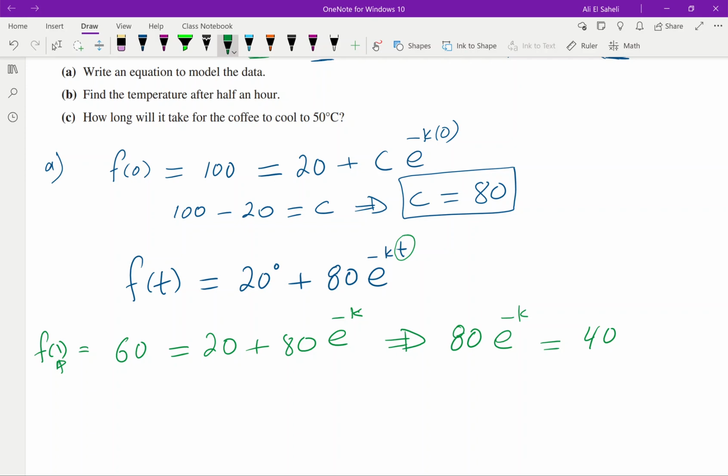Now we need to solve for k over here. Solving for k will give us the final statement of the model.